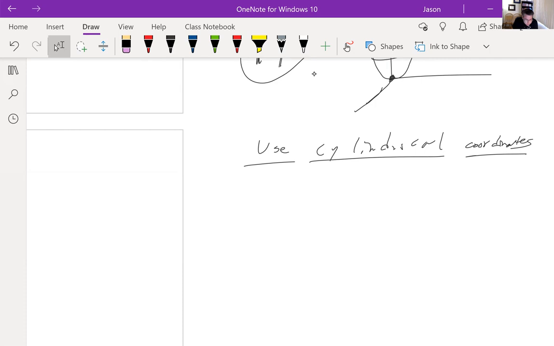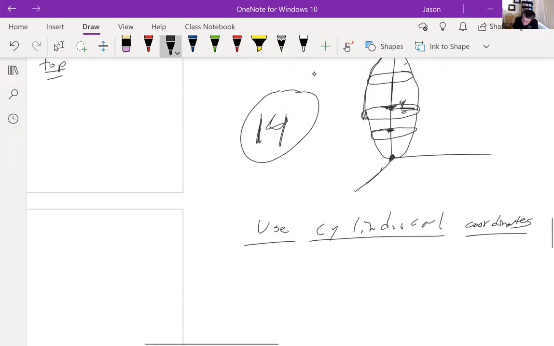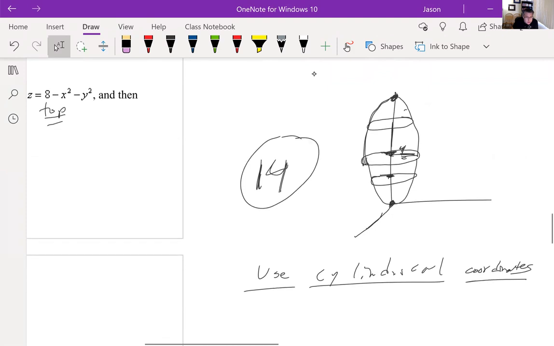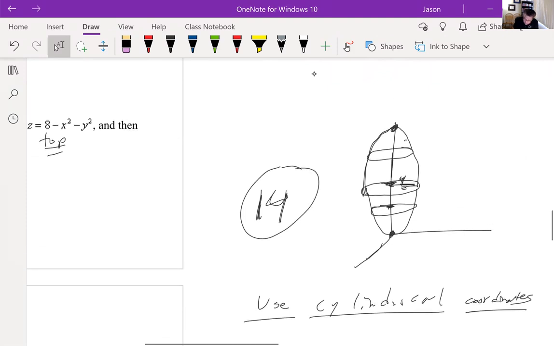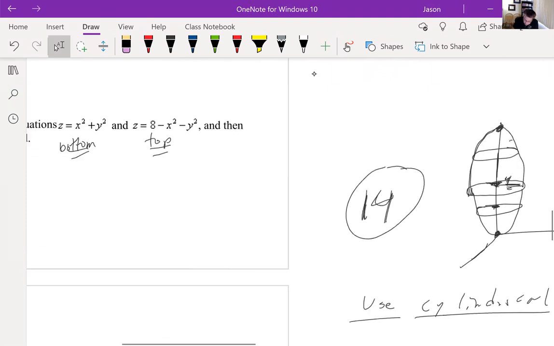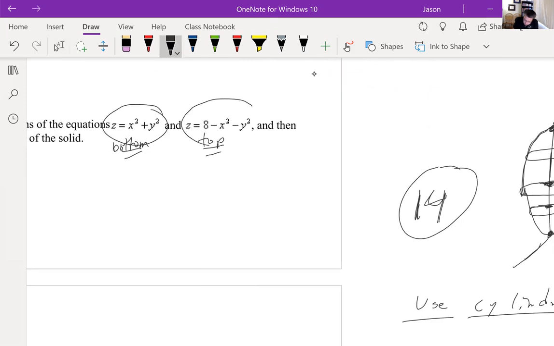It's all good. Let's use cylindrical coordinates here. Now we were given these in terms of x and y, so we're going to have to change these to dz dr d theta.